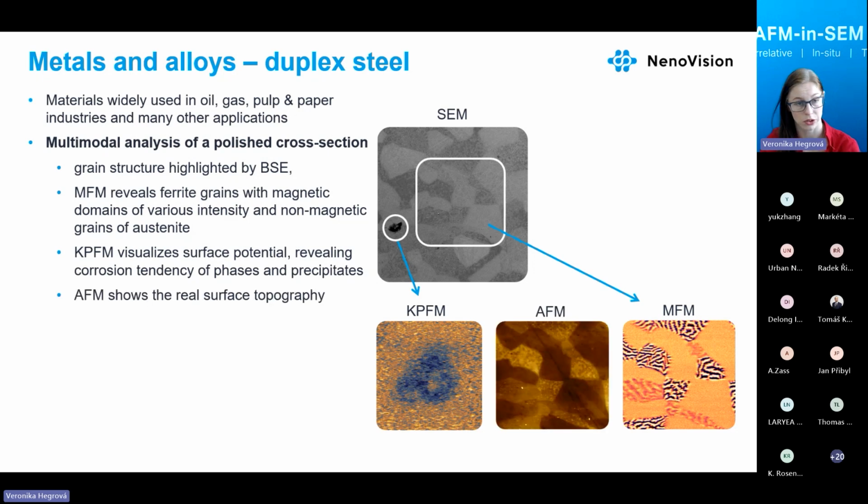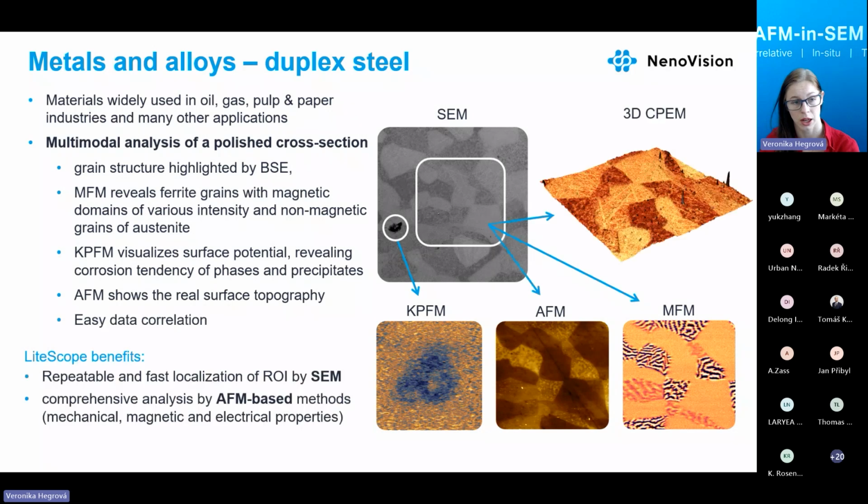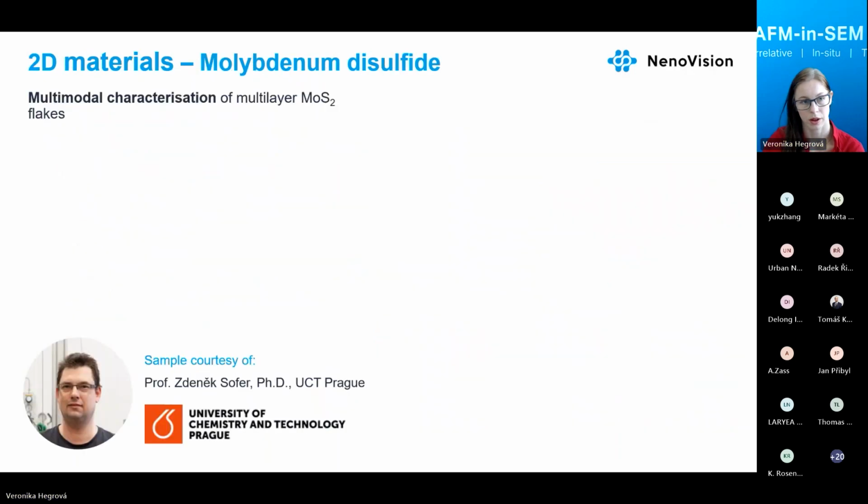AFM shows us the real surface topography, and we can correlate the data repeatably and quickly locate the area of interest and measure more times if needed. This way, comprehensive analysis by AFM-based methods and SEM-based methods is possible.